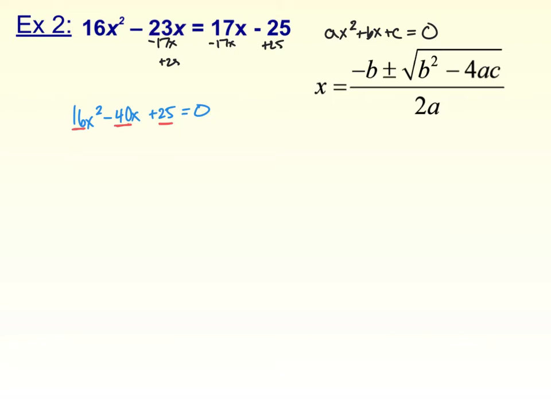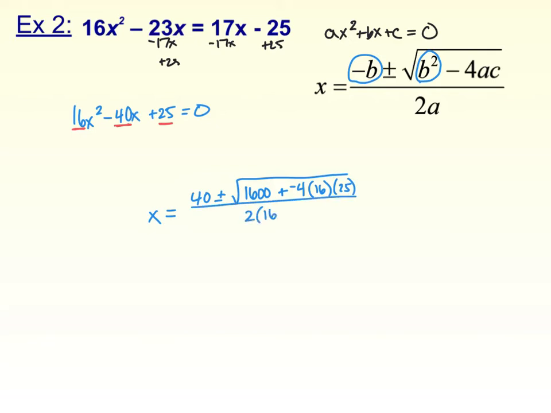So when I put that in the quadratic formula, x would equal the opposite of b, so 40 plus or minus the square root. Remember, I'll always have a positive term right there, so negative 40 squared is going to be positive 1600. And I think it's easier to write plus negative 4 multiplied by 16 multiplied by 25, all over 2 multiplied by a, which is 16.